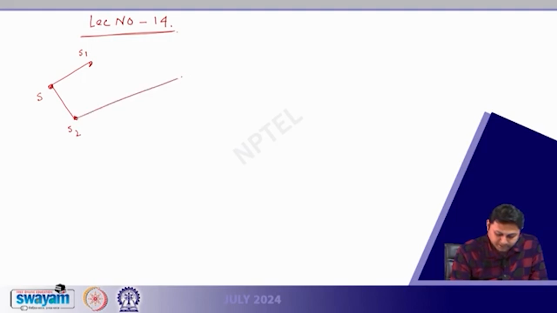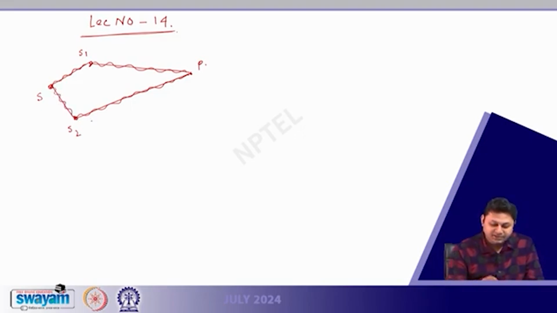So light is reaching some arbitrary point P. Light first goes via S1 and S2, and reaches some point P, suppose. So we want to find out what the intensity at point P is.